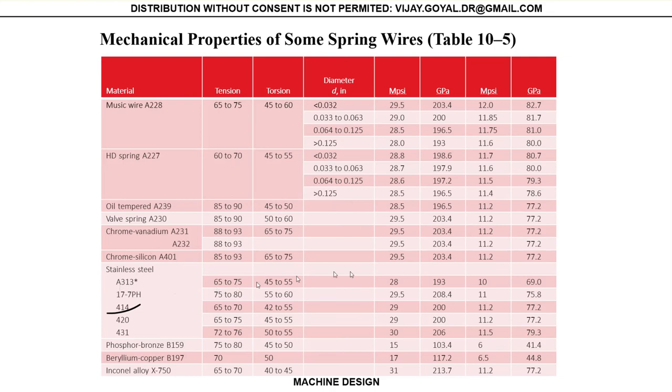Many times when you don't know something and it's steel, a typical value is 11.4, maybe 11.2, and that could be acceptable. Note that this is MSI, so multiply by 10 to the 3 to get KSI. KSI is a common value that we will be using. Don't forget this. We're working in English units, and these are the values that we use. In metric units, they have values of tension and compression, and some have wire diameter criteria for this. So that's where this is going to come from.